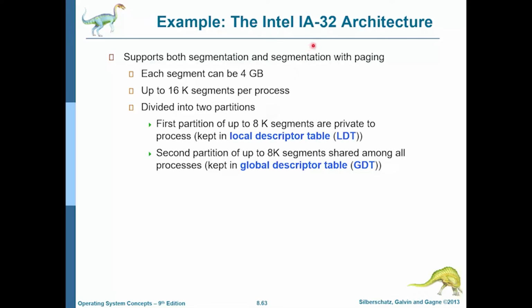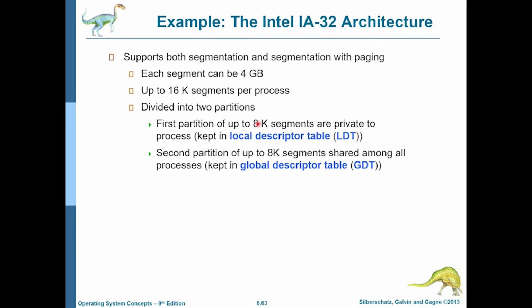The Intel IA32, that is a 32-bit architecture, supports both segmentation and segmentation with paging. So you can either use only segmentation or you can choose to use segmentation with paging. Each segment can be 4 GB big. You can have up to 16K segments per process, and these 16K segments are divided into two parts.